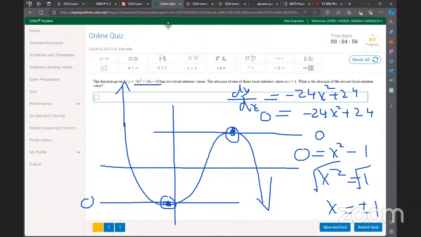So when you're done, write x equal 1, and the second x is negative 1. Write negative 1 after you copy it by steps.